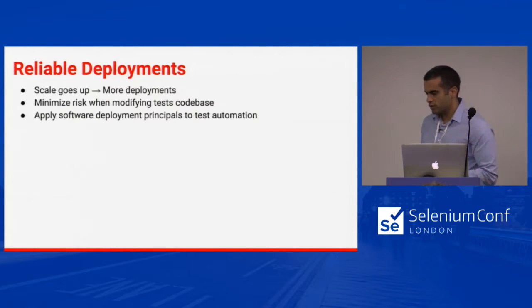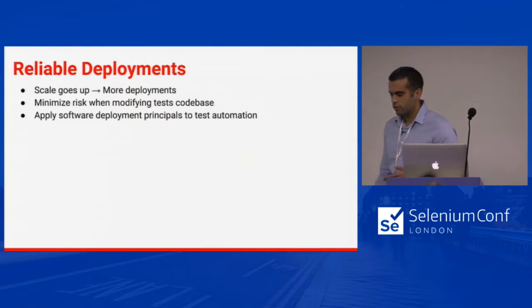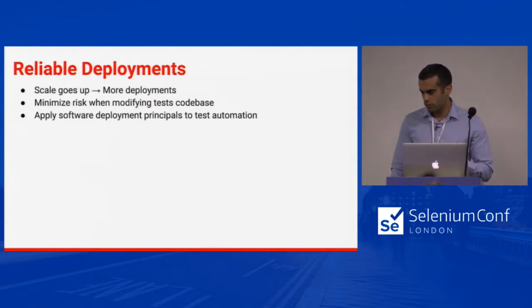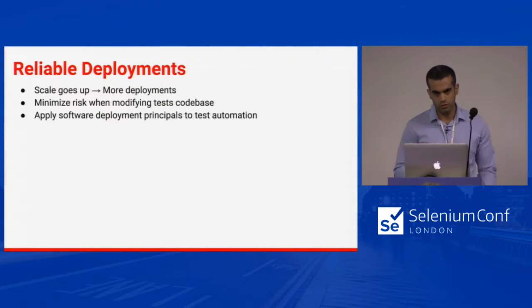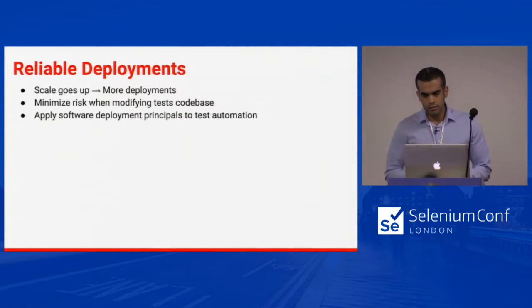We have noticed that once our scale of tests went more and more up, we had more deployments of our test automation code base into the data centers where our tests are executed.